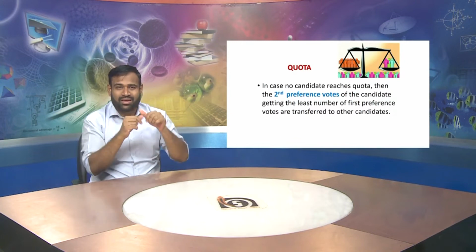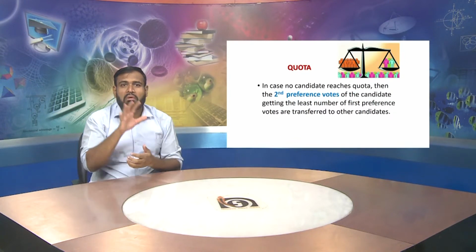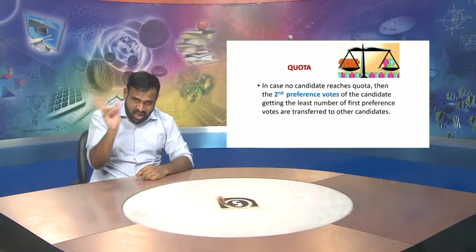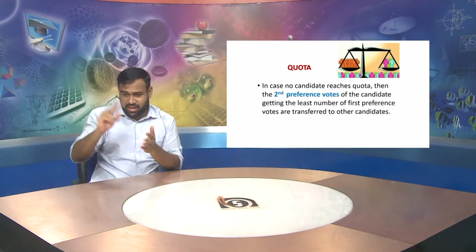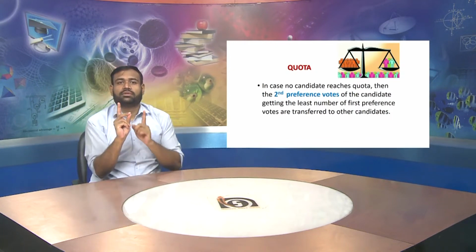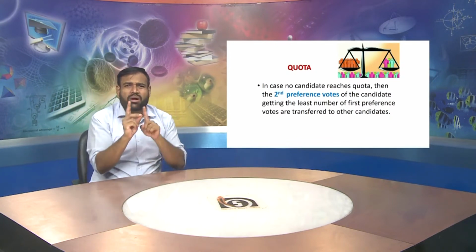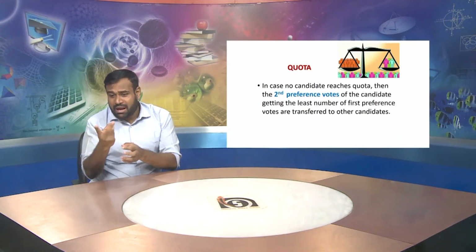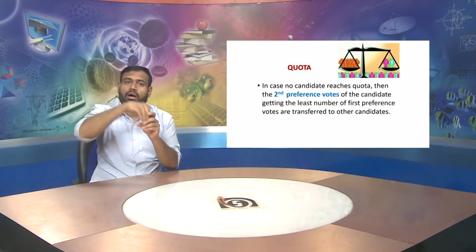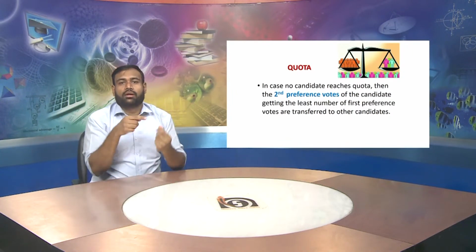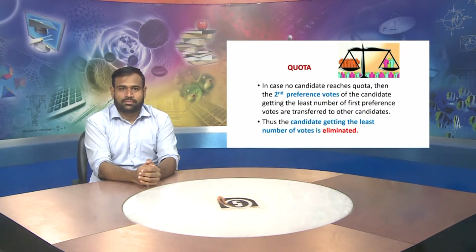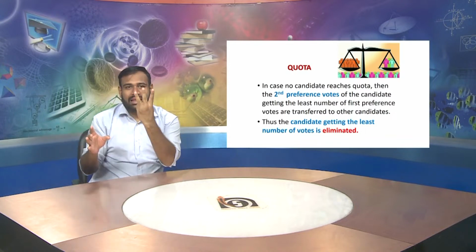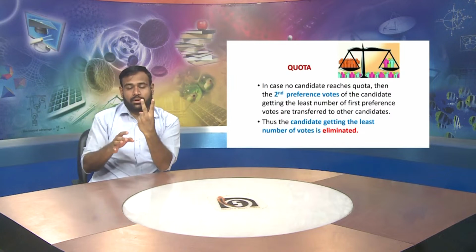In case no candidate reaches the quota, that means more than 50%, then the second preference votes of the candidate getting the least number of first preference votes are all transferred to the other candidates. After this transfer, the candidate getting the least number of votes is eliminated.